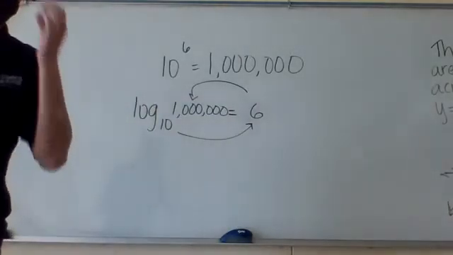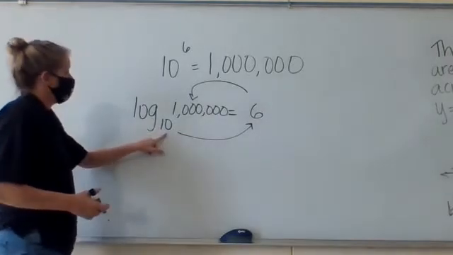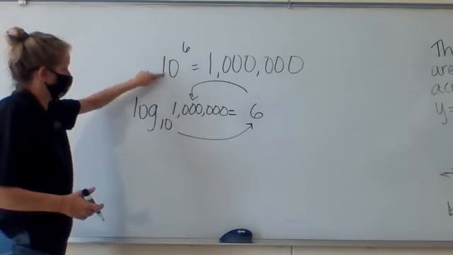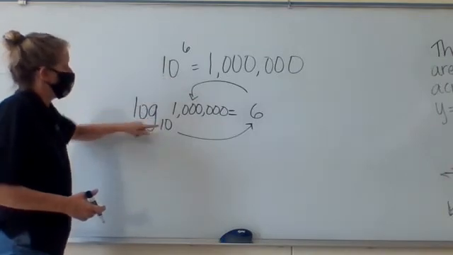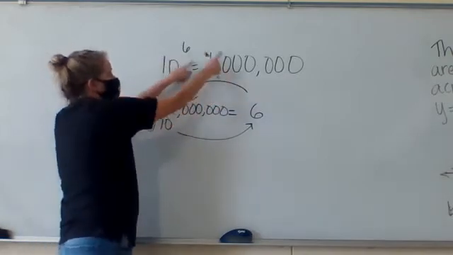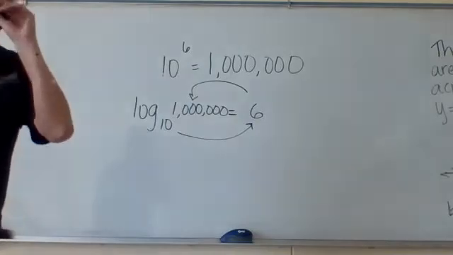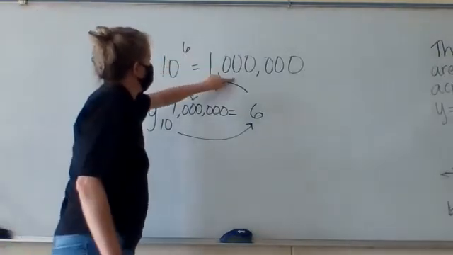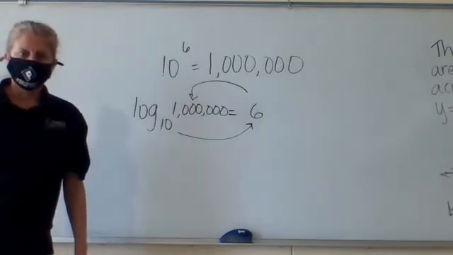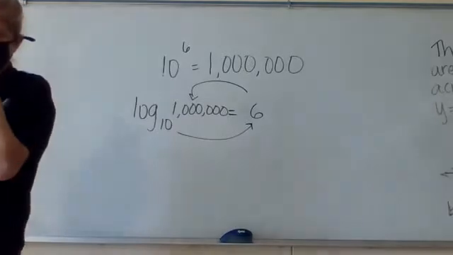So the easiest way to think about it is to type in log. Your base is the same thing as the base of the exponential equation, base 10. And then what do these two numbers do, essentially? They switch sides of the equal symbol, right? The 6 goes to the right, the 1 million goes to the left. So here is your exponential equation turned into your logarithmic equation.